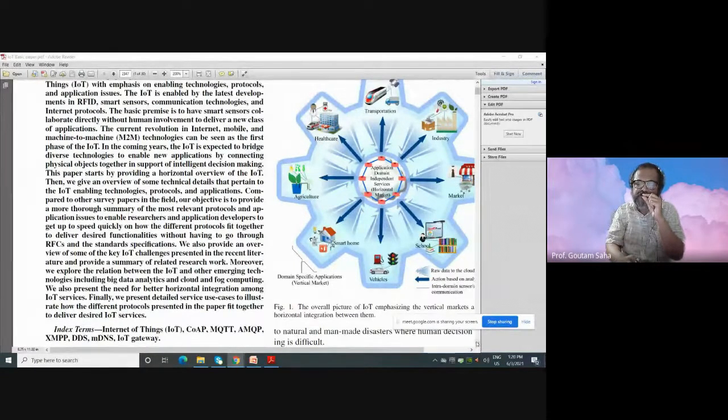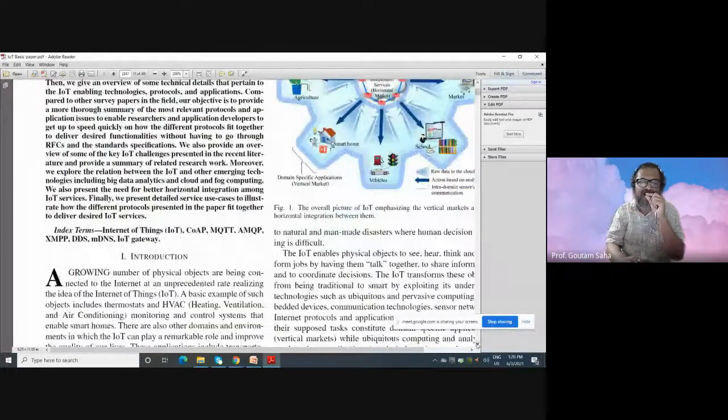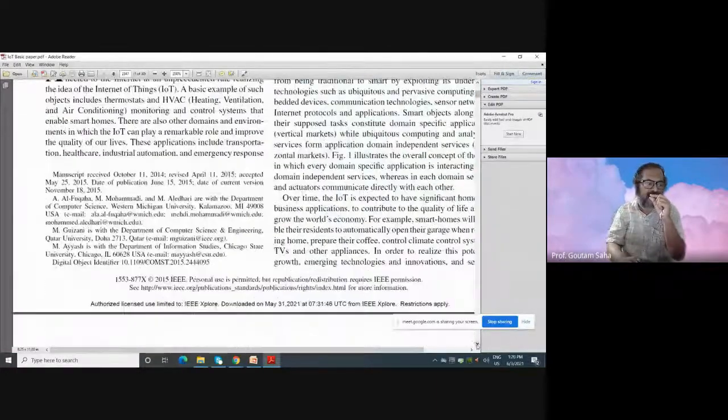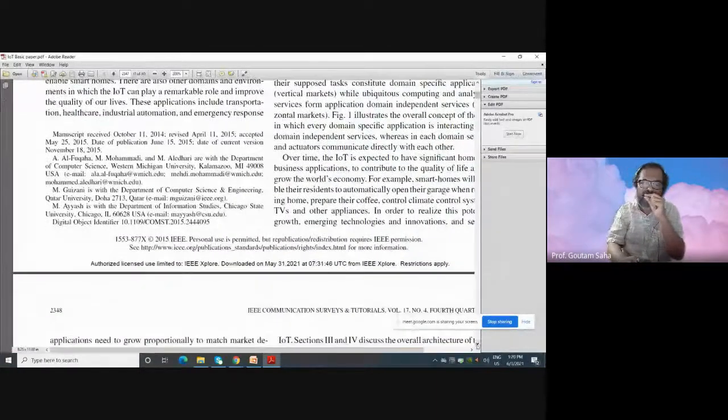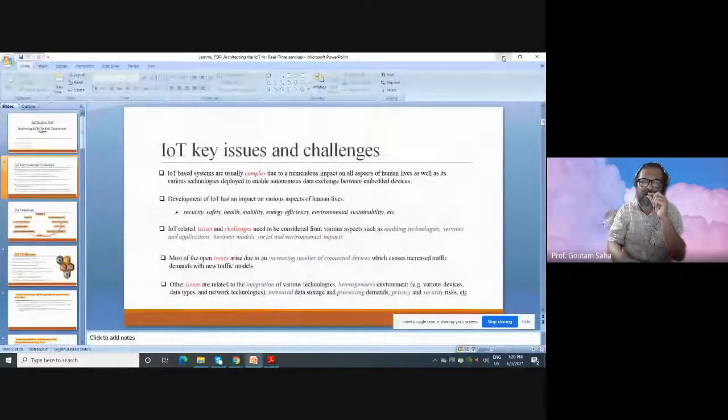Till now I was shouting IoT, IoT, IoT. Now, after shouting IoT, if you really go into IoT, the IoT which I have discussed, IoT has got inherent problems.